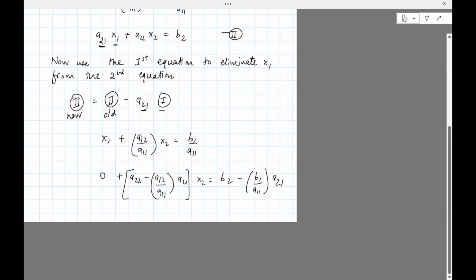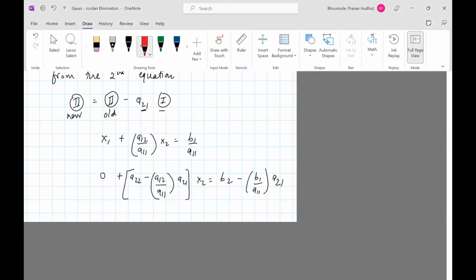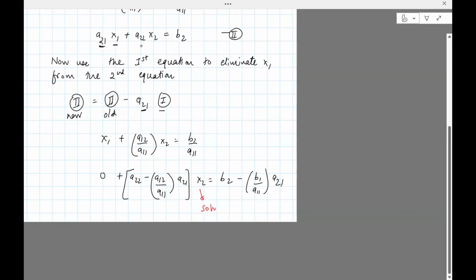Okay, now you see that you could solve for x2 right here. But this is what we did in Gauss elimination, and that's not what you'll do here. You'll actually do this.